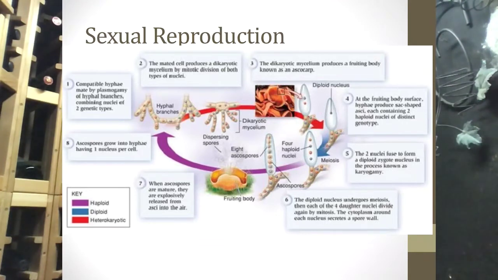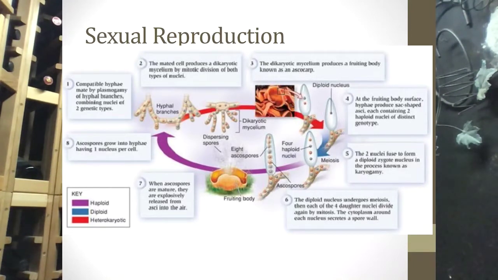So the mycelium can now produce dikaryotic mycelium just by mitotic division of both types of nuclei. So you're just forming more and more of the nuclei, and the hyphae are branching out.